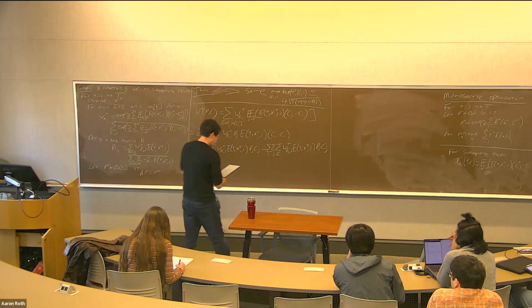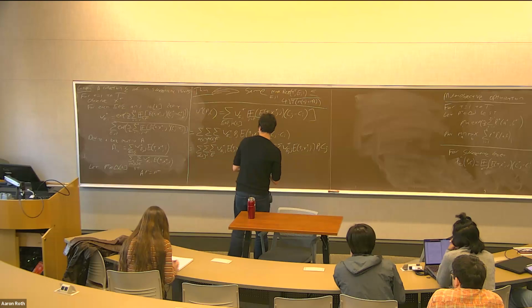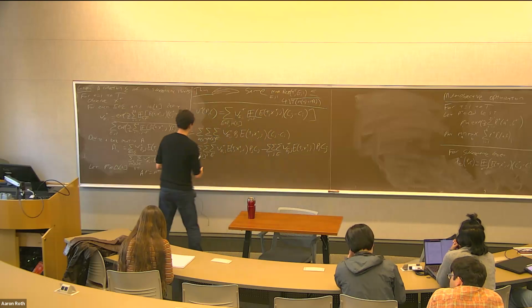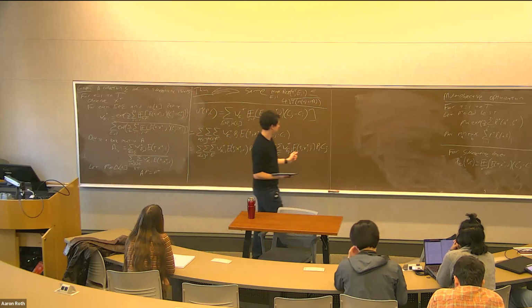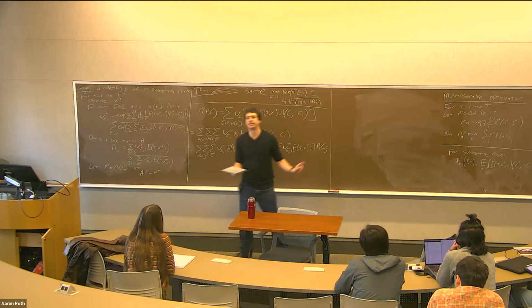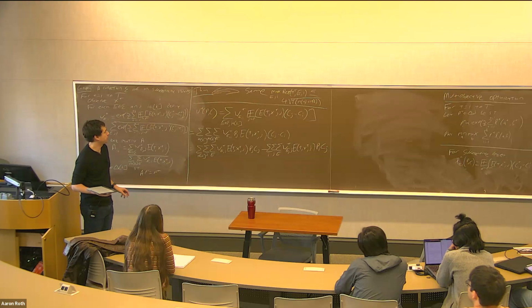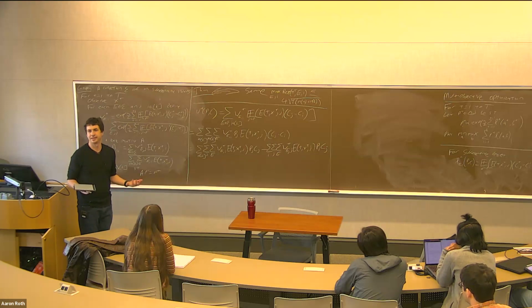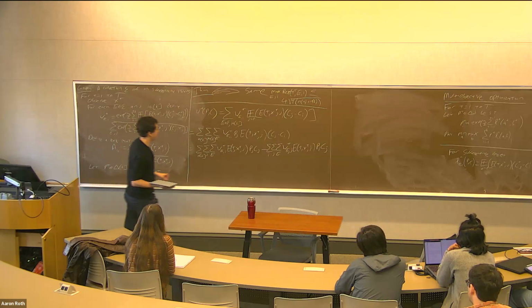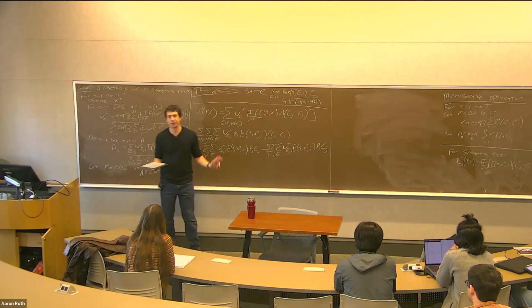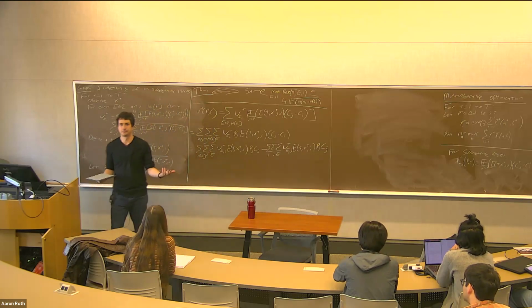Good. I want to rewrite this one more time by pulling out Cj. I'm going to factor out Cj. The point of doing this is I want to separate out terms that depend on the adversary, since the adversary just chooses the C's, from terms that depend only on the learner, since the learner chooses the P's.